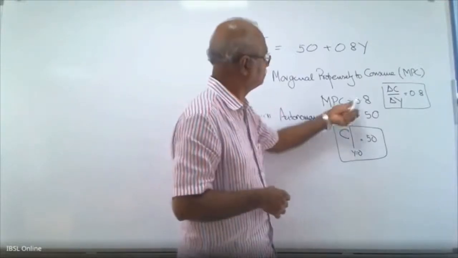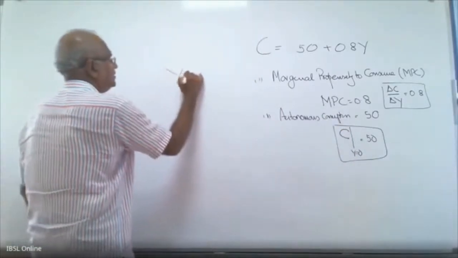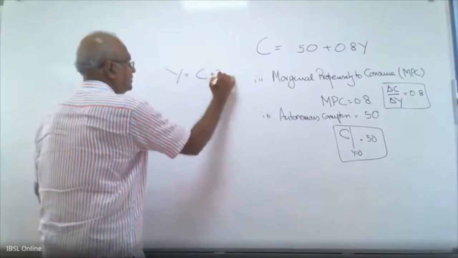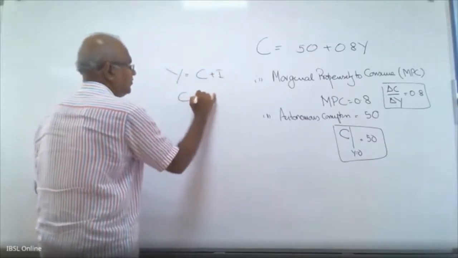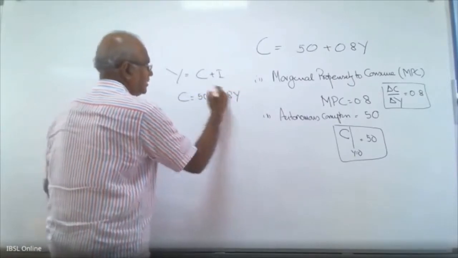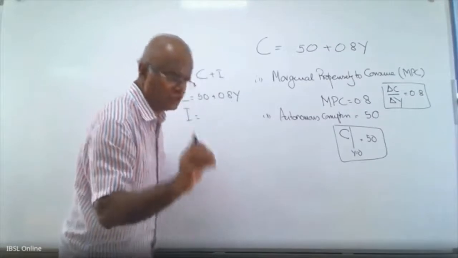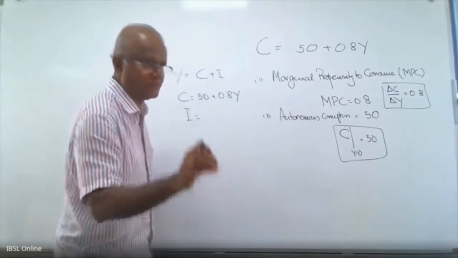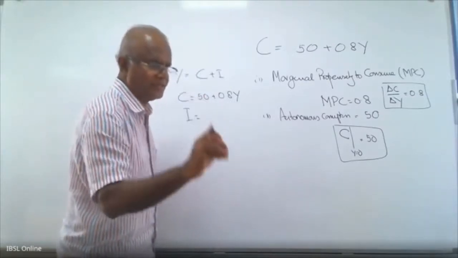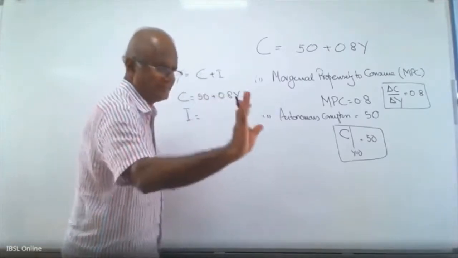Now we know the equations: Y equals C plus I, C equals 50 plus 0.8y. In this national income model, we assume investment is not a function of the interest rate. It is 50.